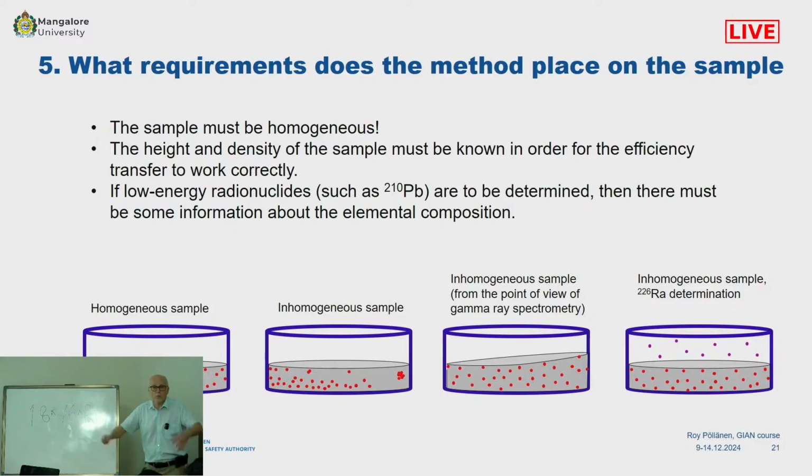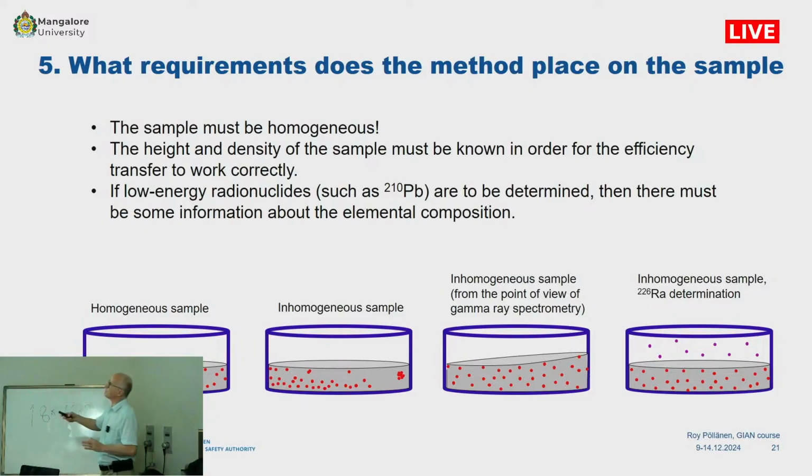My job would be so that I would do nothing else but calibrations. It's a waste of time. Then I decided what to do, and that's why we are now using this efficiency transfer program. I will explain that later.